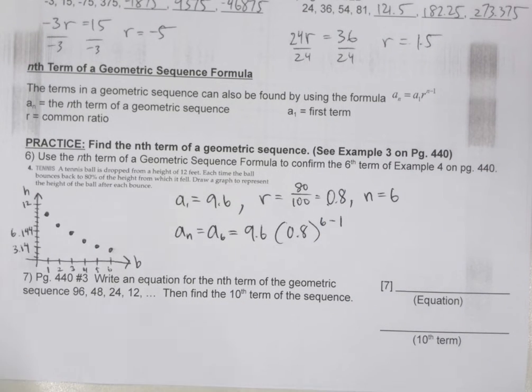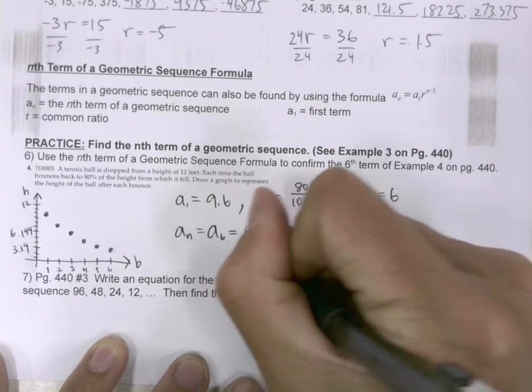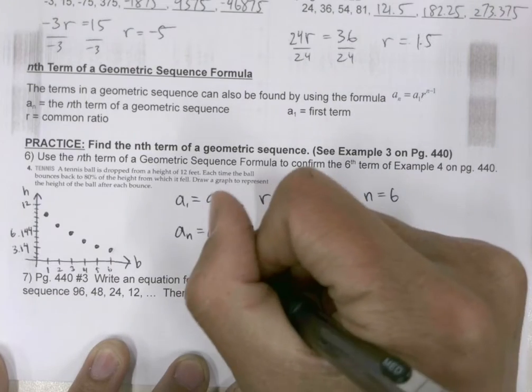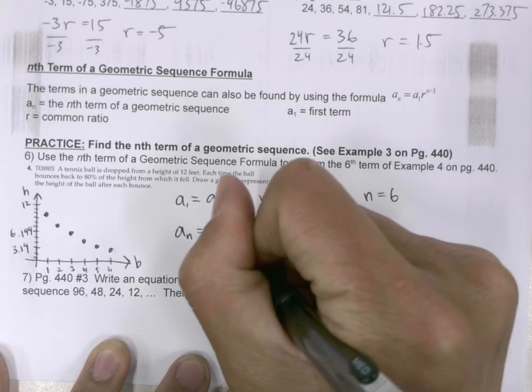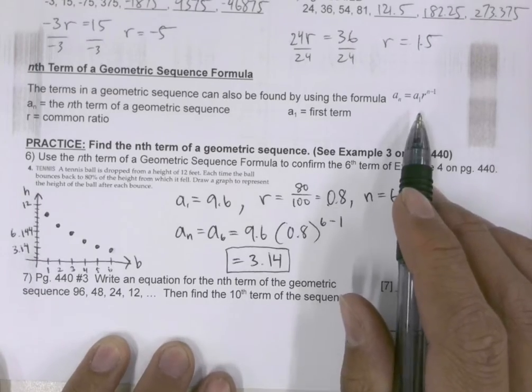Let's drop that all into a calculator. Let's start with 0.8 to the 5th power times 9.6, and that is equal to 3.14. So we confirmed that this formula does in fact work.